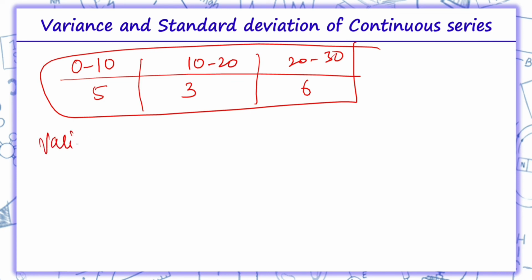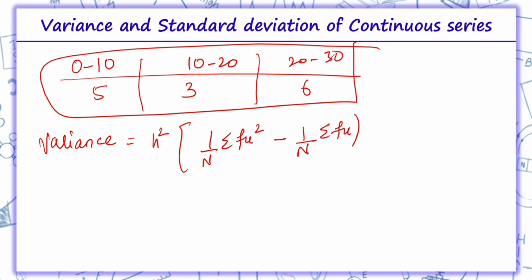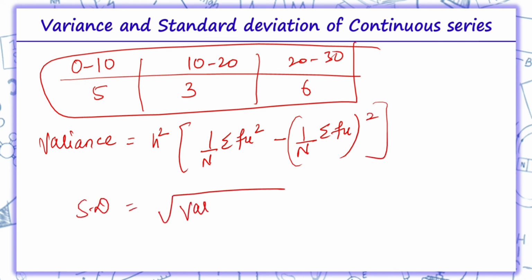Over here when we have to calculate variance, in place of d we will get u. So the formula will be h square into 1 by n summation fu square minus 1 by n summation fu whole square. Standard deviation, again it will be square root of variance only.